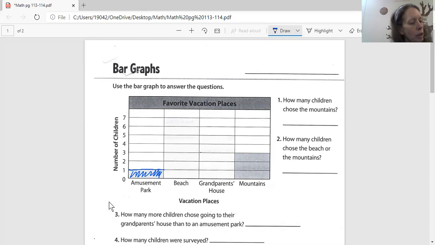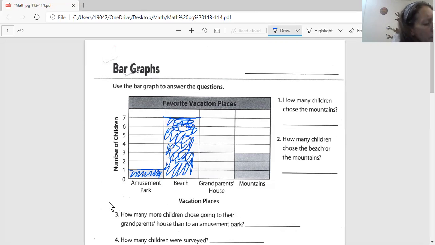And if I look on beach, I have up to 7 colored. Up to the 7 lines. All of these bars are colored in, all colored in up to the 7th line here on beach.